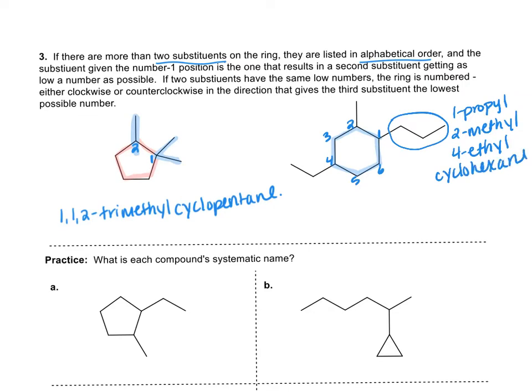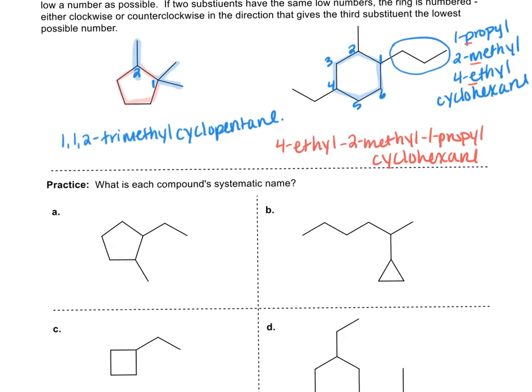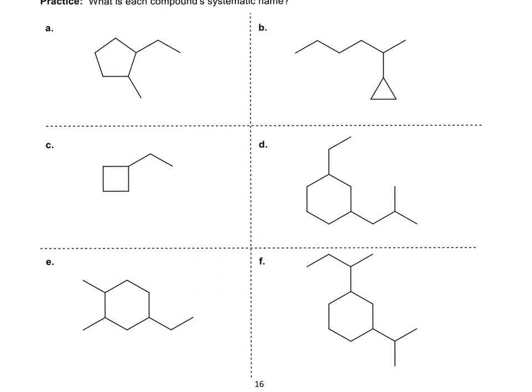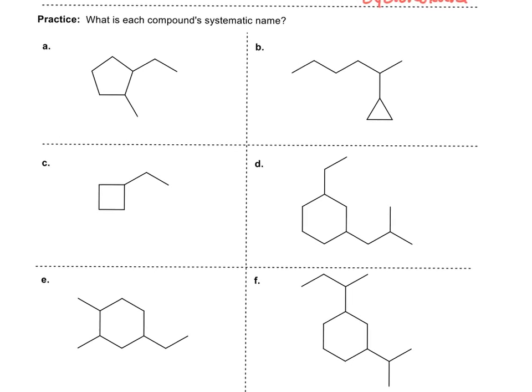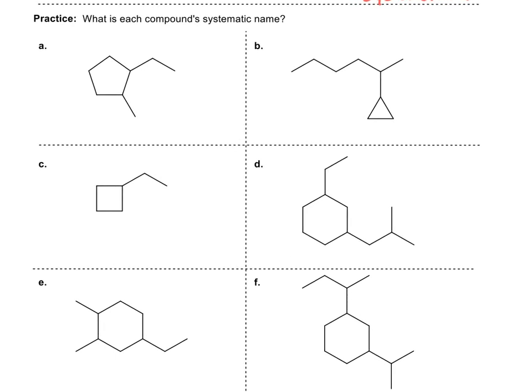So you alphabetize according to E, M, P. So we're going to cite ethyl first. 4-ethyl, 2-methyl, 1-propyl, cyclohexane. So down below here, I just encourage you to pause the video, write the names below each of these structures, and then push play and I will go over them with you.